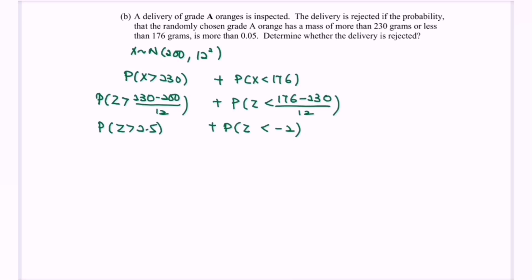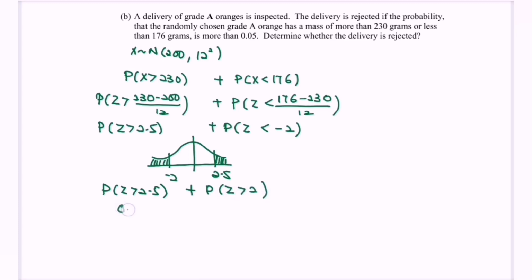Kindly refer to the diagram. So we have 2.5 over here, Z greater than 2.5. Another one, we have negative 2, Z less than negative 2. So we are interested in these two parts. Rewrite the formula: probability that Z greater than 2.5 plus probability that Z greater than 2.